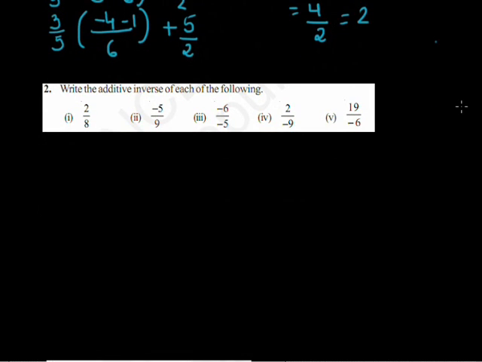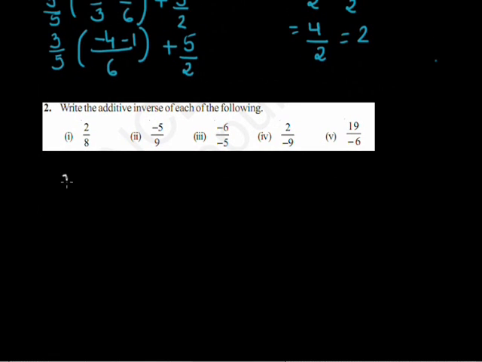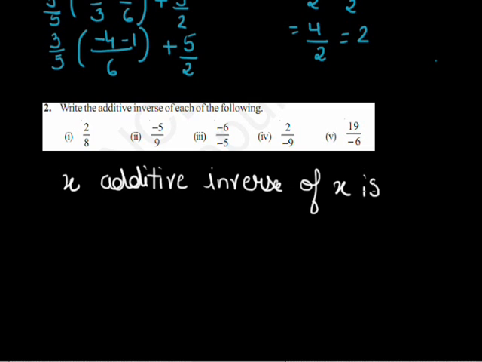Additive inverse is, if I say any rational number x, then the additive inverse of x is minus x. I can write that x plus the additive inverse of x, that is minus x, is equal to 0.